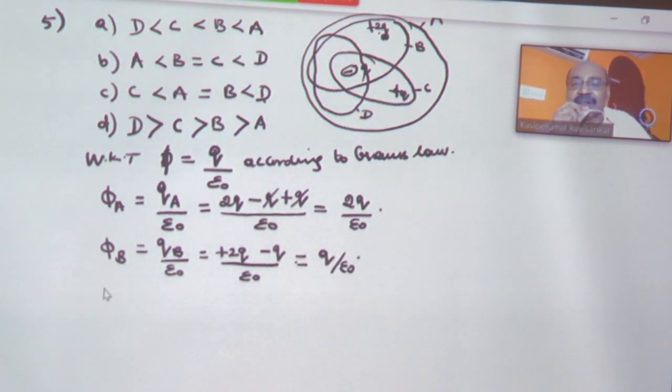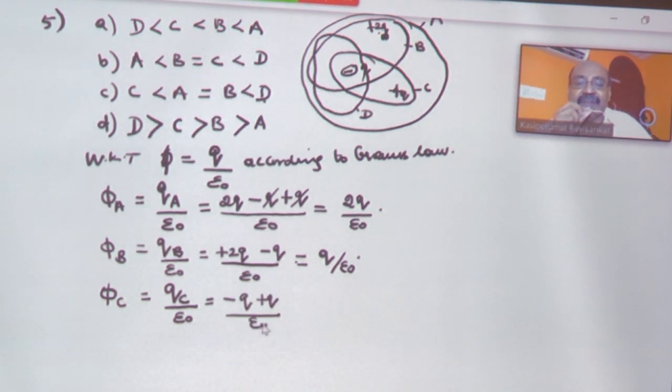Similarly, what is the flux due to the surface C? It is the charge enclosed in the surface C divided by epsilon 0. The charge enclosed in the surface C is minus q and plus q. So I can write minus q plus q divided by epsilon 0.